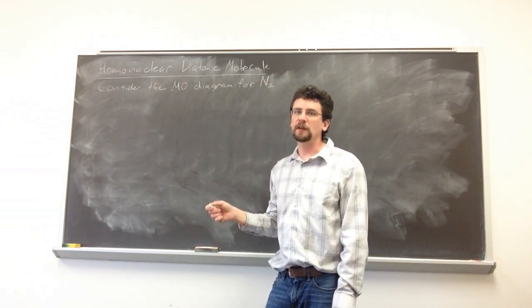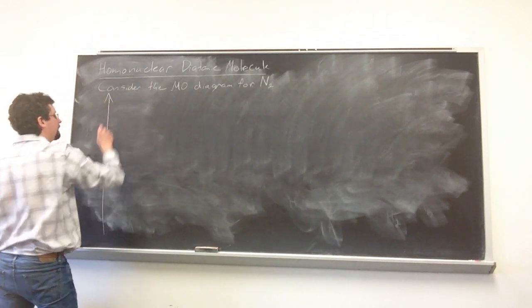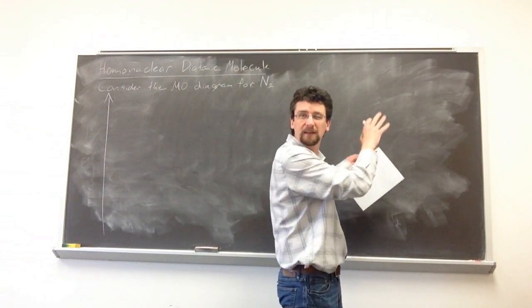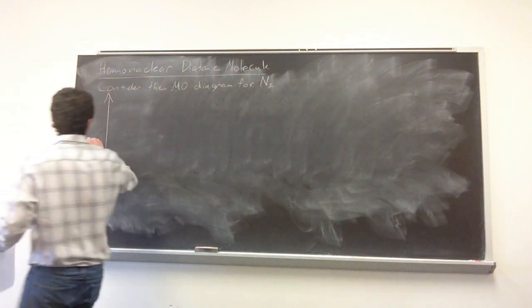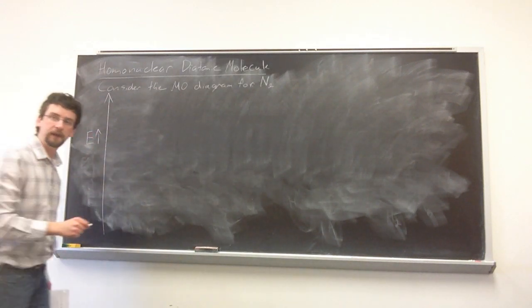So we have to consider the different types of interactions we're going to have. We're going to draw our MO diagram. On this side, we're going to draw pictures of orbitals and the type of overlap we have. If you're working on a sheet of paper, be sure to leave yourself a little space.